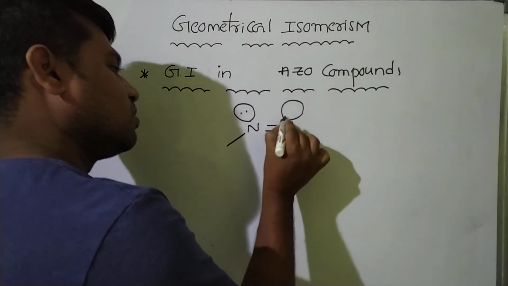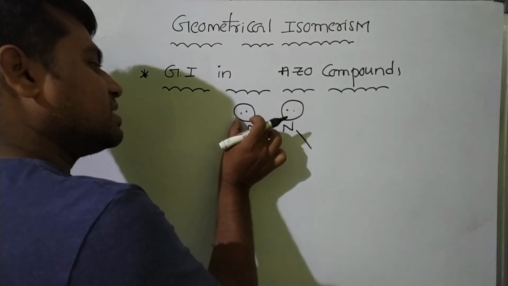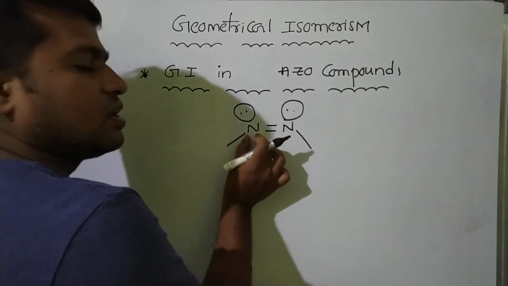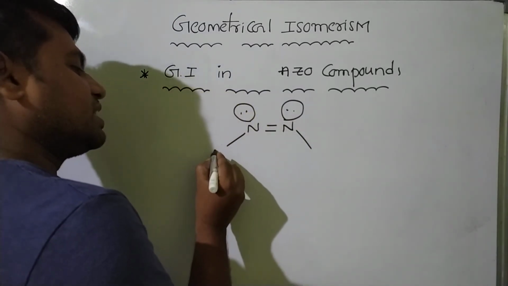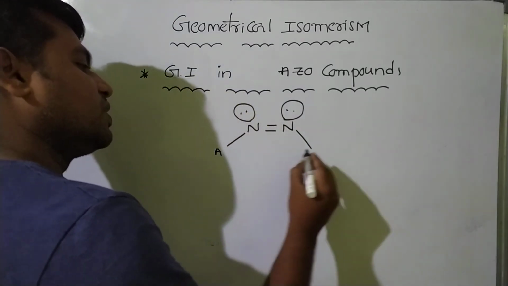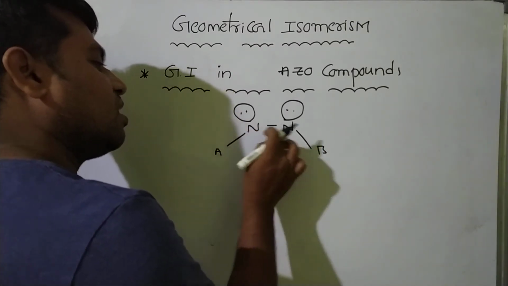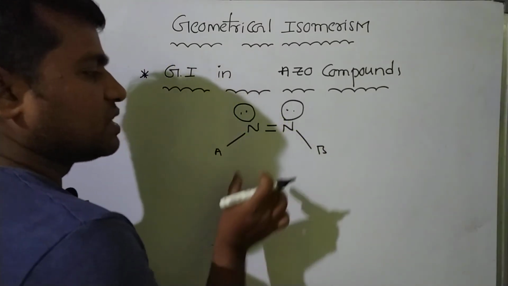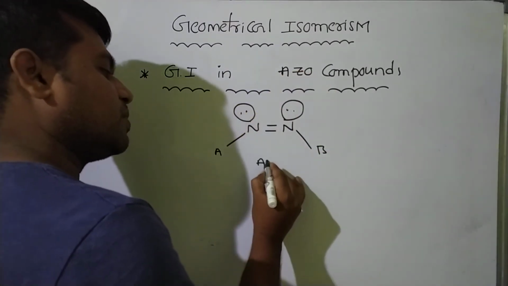This is one lone pair on this nitrogen atom, and this is another lone pair on the other nitrogen atom. This is the A group and this is the B group, meaning these two groups are present on the two nitrogen atoms. So this is the basic structure of an azo compound.